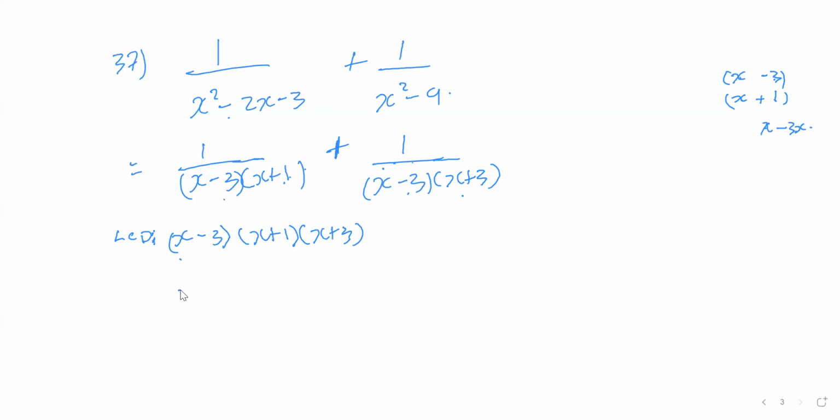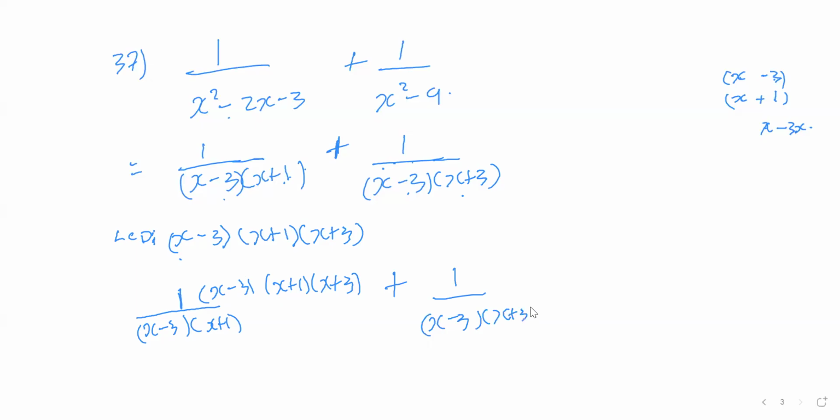So it's going to be 1 over x minus 3 times x plus 1, times x minus 3 times x plus 1 times x plus 3, plus 1 over x minus 3 times x plus 3, times the common denominator.